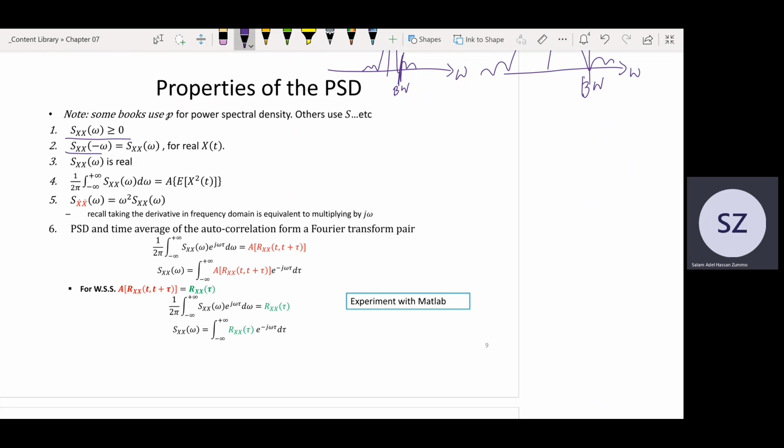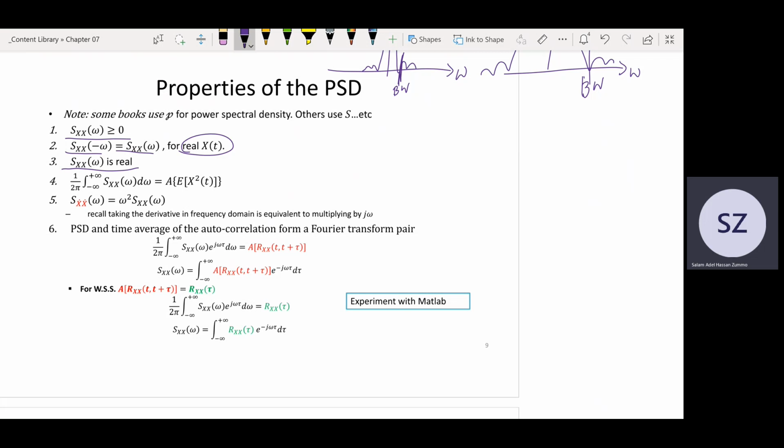Also, it's an even function because we always deal with real signals. You never find a PSD that is not even. Also, it's real. You will never get a complex PSD. You can get a complex Fourier transform of the signal, but when you take the magnitude square, the complex part disappears, because you are taking the magnitude square.